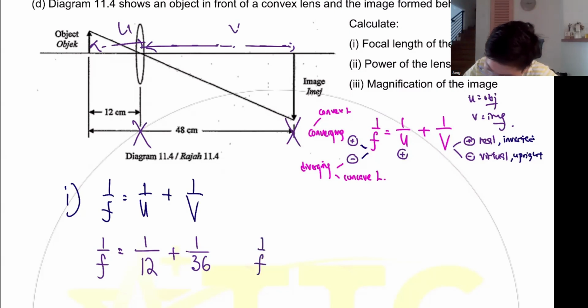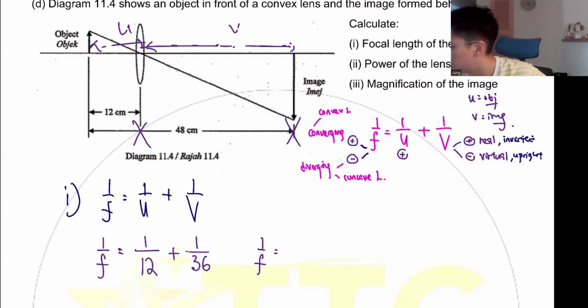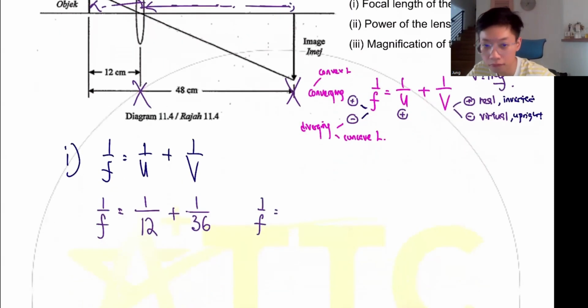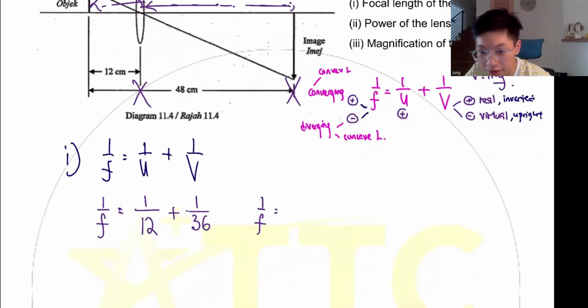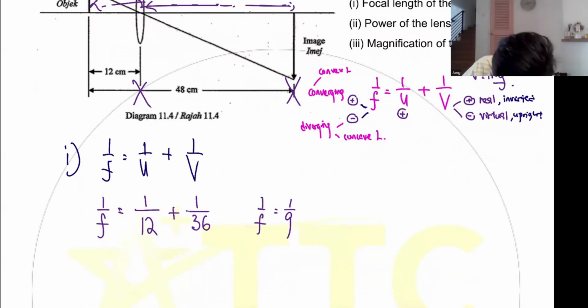Okay guys, I give you a special task: can you calculate how much is the F value while I drink water first? Okay, so you have 1 over 9. So my focal length will be 9 cm.